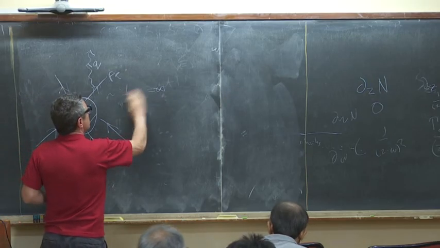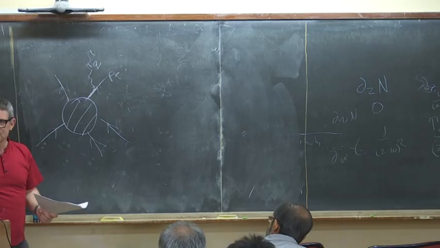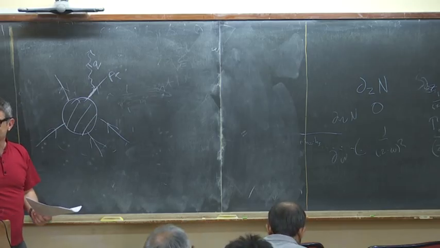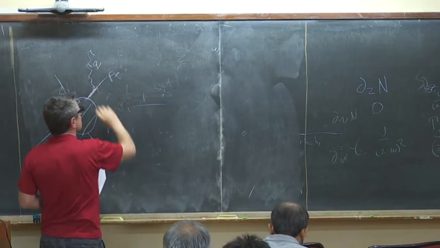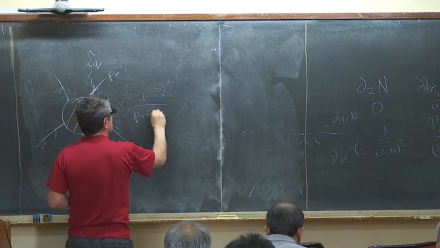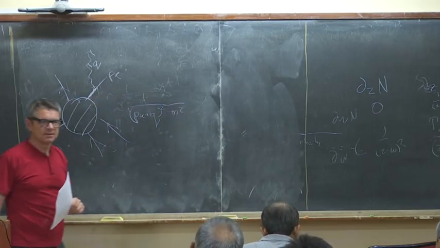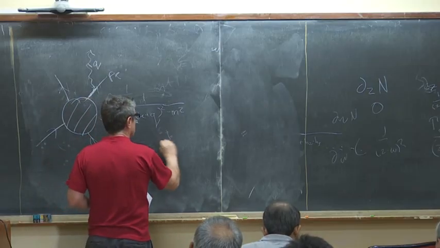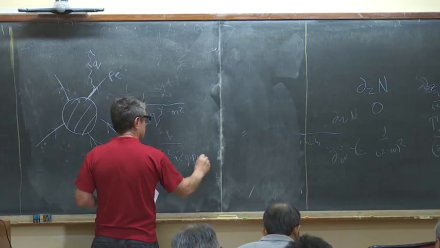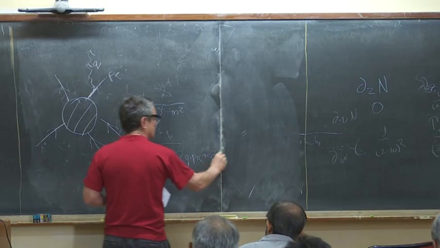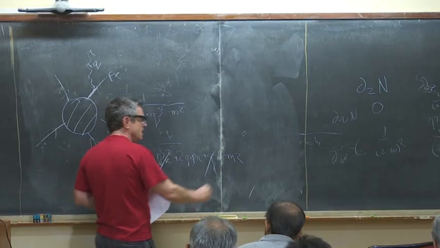But once I do this, we get a propagator of the form 1 over (p plus q) squared minus m squared. It's an on-shell photon, so q squared is 0. P squared is equal to m squared.